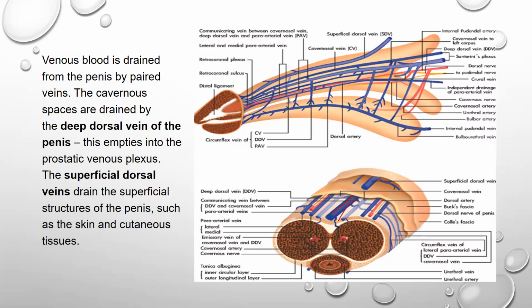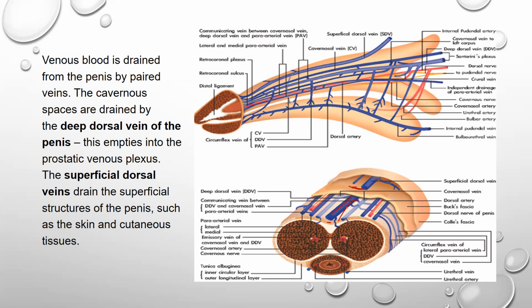Now blood is coming and creating this kind of filling in the empty chambers. When they start getting filled up, they will push the fascial sheath to the sides. This is the deeper fascia, and this is the superficial fascia. The veins lie between the deeper and superficial fascial sheath.